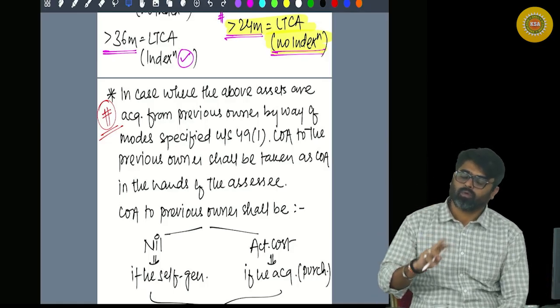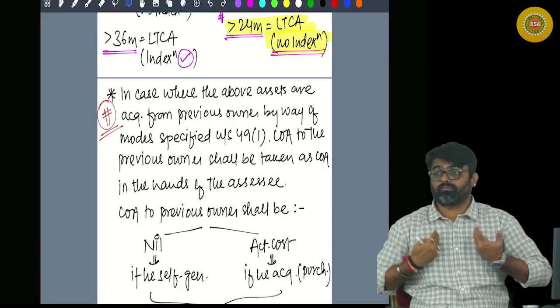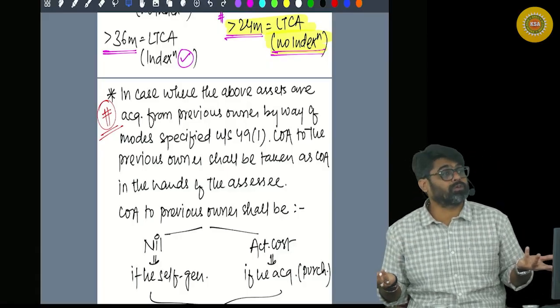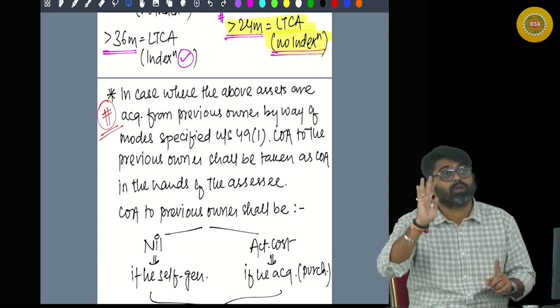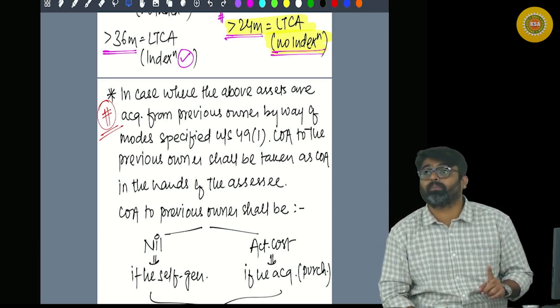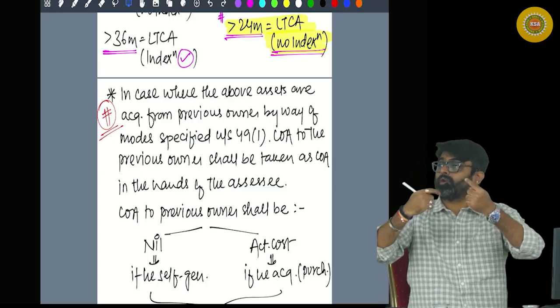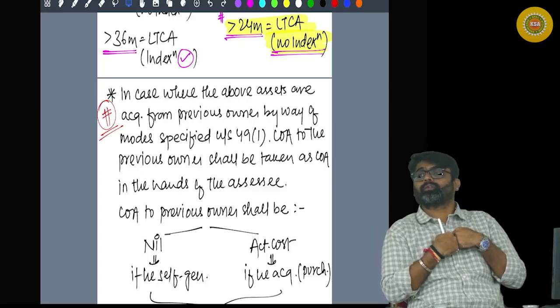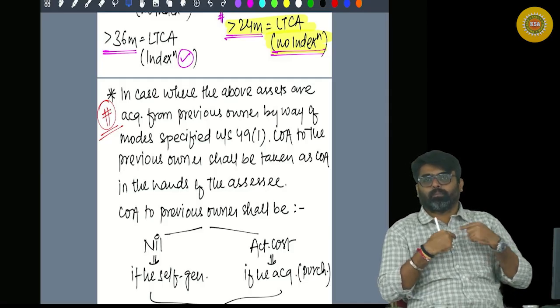So for you, what will be the cost? Cost to the previous owner shall be deemed to be your cost of acquisition. But for that, you will have to determine the cost in the hands of the previous owner.